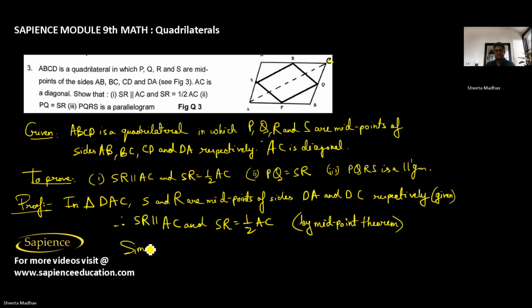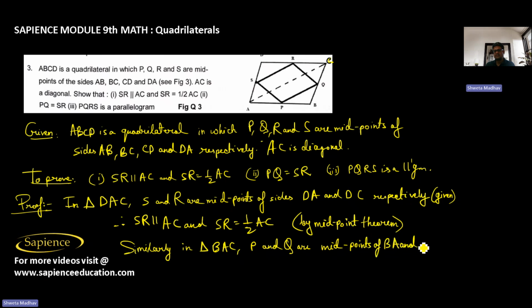Similarly, in triangle BAC, P and Q are midpoints of BA and BC respectively.